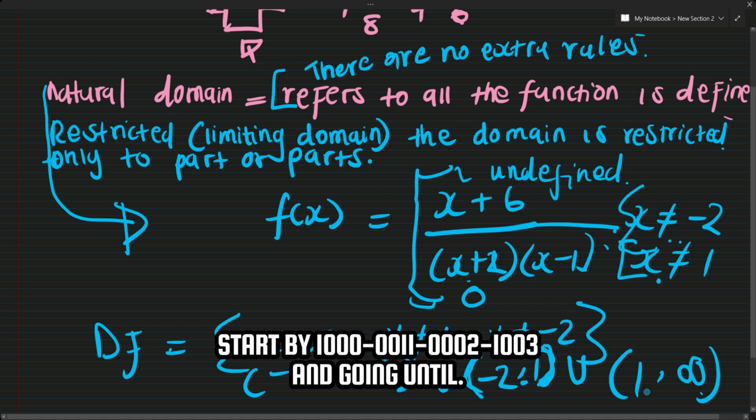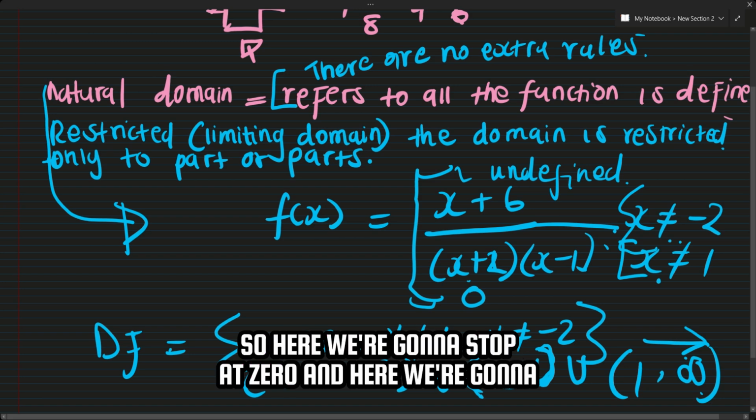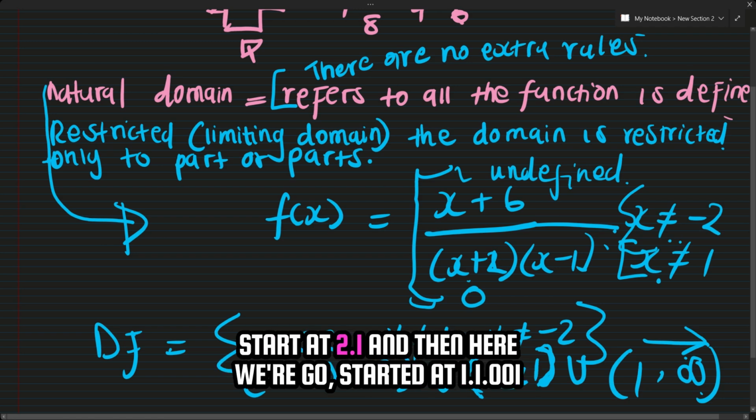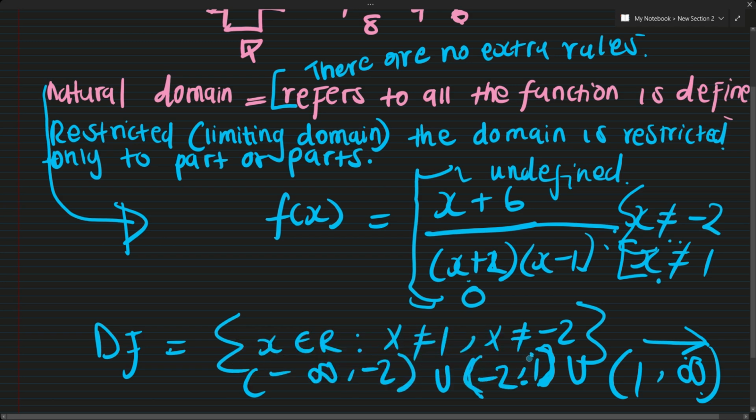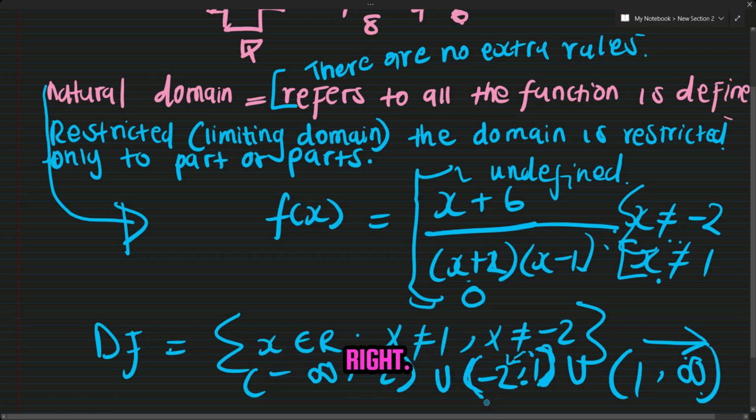That means we're going to start at 1.00001, 1.0002, 1.0033, and going on. This is also very important. It's a little bit confusing also, right?